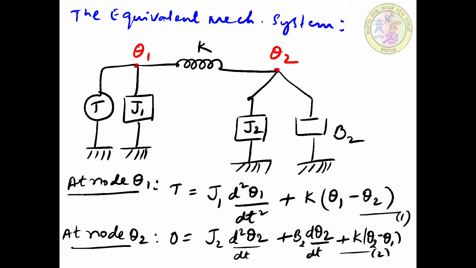Also, whatever angular displacements are there, they have to be replaced by the charge Q, and later on charge Q of S will be replaced by I of S by S, because we need loop current equations as it is a torque voltage analogy.